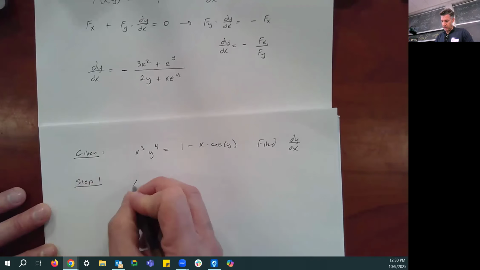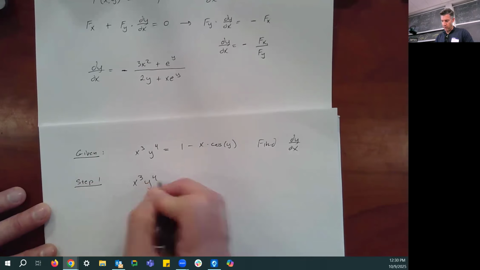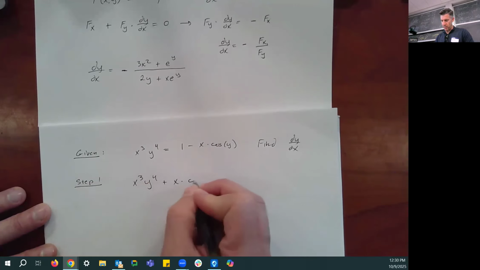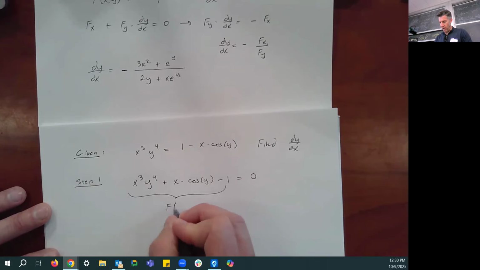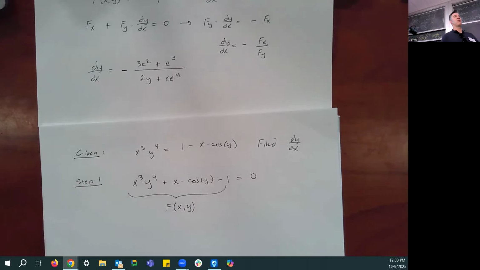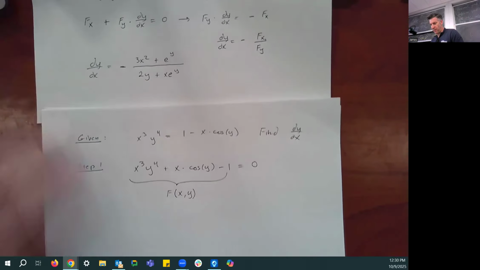So we've got x cubed times y to the fourth plus x times cosine of y minus 1 equal to 0. And then we're going to call this side with all the stuff on it your f of x comma y, or f of whatever variables happen to be there. Could be x, y, and z. Could be x, y, z, and w. Could be r and q, right? Whatever people happen to pick. And here's the way I've always thought of it.